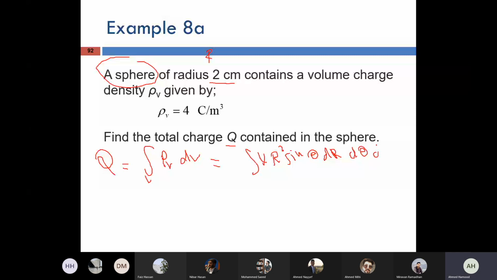So I have three differentials, so I need three integrations: first integration, second integration, and third integration.